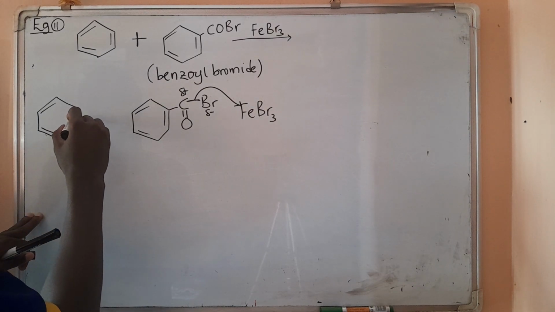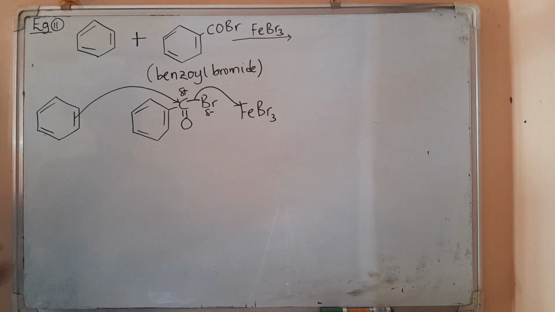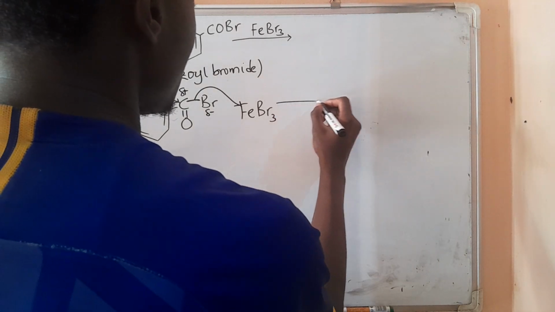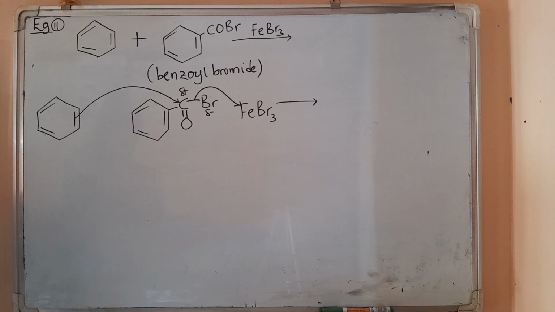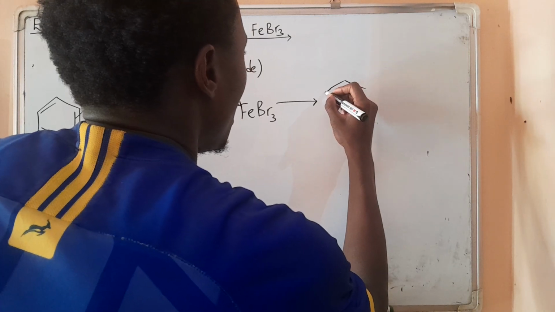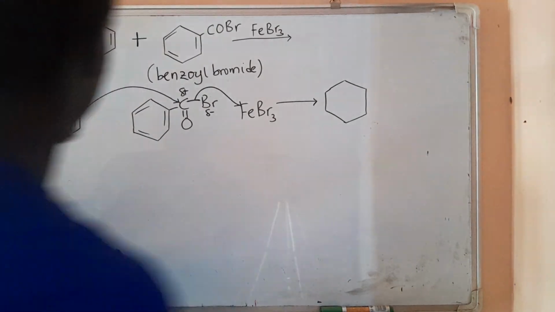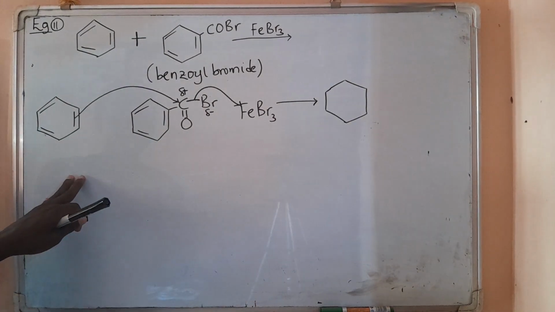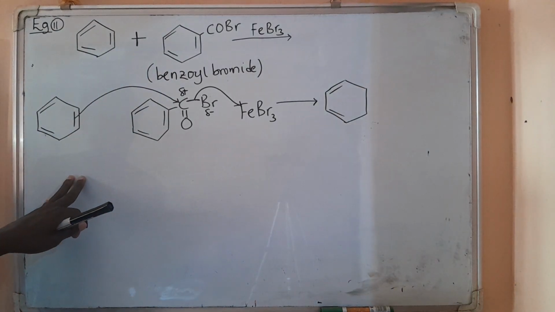Then we use one of the 3 bonds to donate electrons to that carbon. As a result, we shall form the following. Now here you have to be very careful. We have our benzene ring, like that. This bond was broken, so there is this bond and that bond.